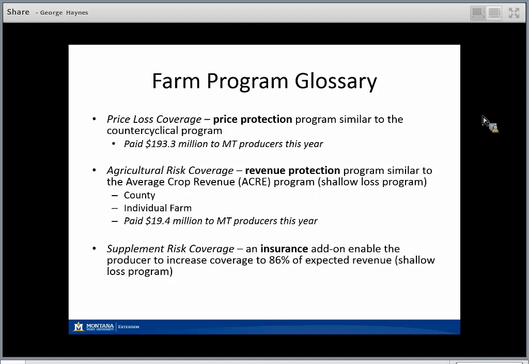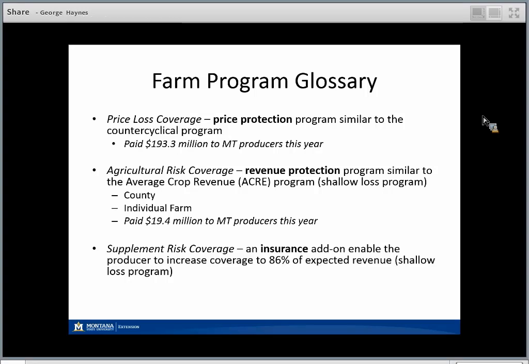This is actually a piece of this legislation that was prompted by some very active advocacy here in Montana to try to make it look a little bit more like individual insurance. And so if you set a threshold for your farm and you fall below that threshold, you'd be eligible for a payment. So a couple different ways of getting to that.